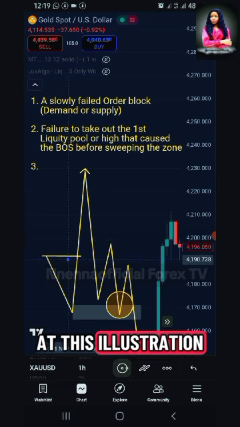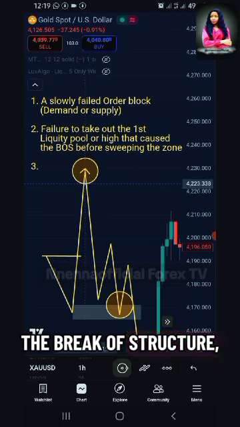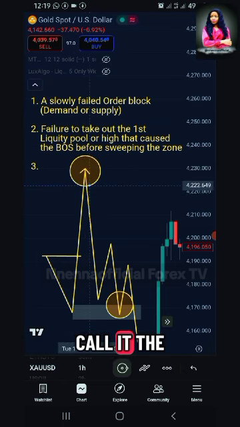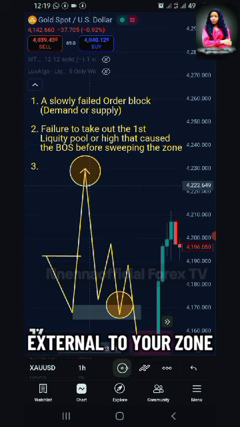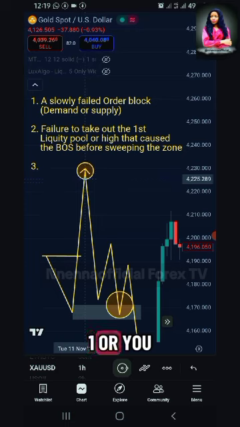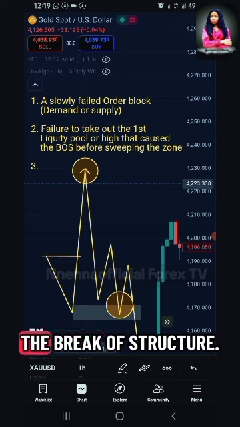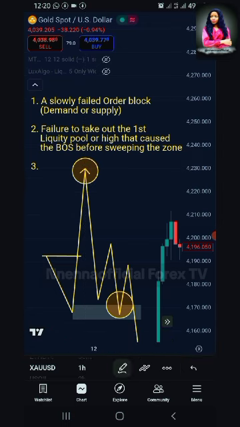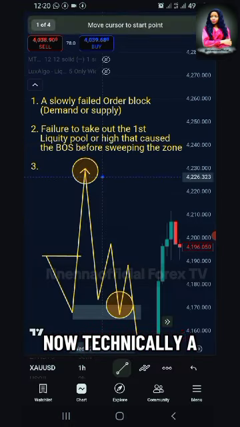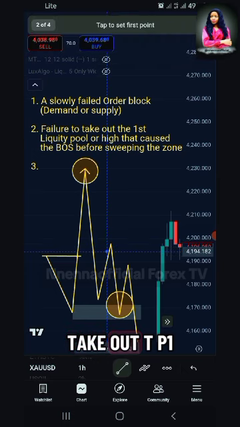If you look at this illustration, you can see this is the high caused by the break of structure, the first high, or you can call it the liquidity pool. All the highs and lows that are outside or external to your zone are called liquidity pools. Now, this is liquidity pool one, or you call it the first high, which is the high that caused the break of structure. Technically, a trade is considered successful if it is able to take out TP1.